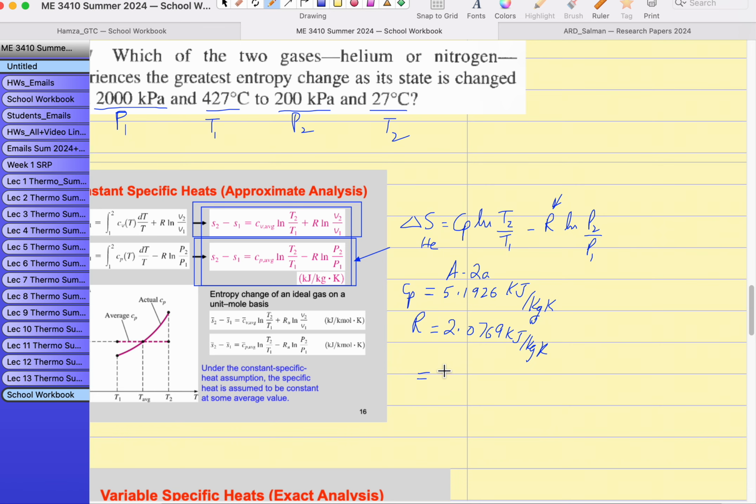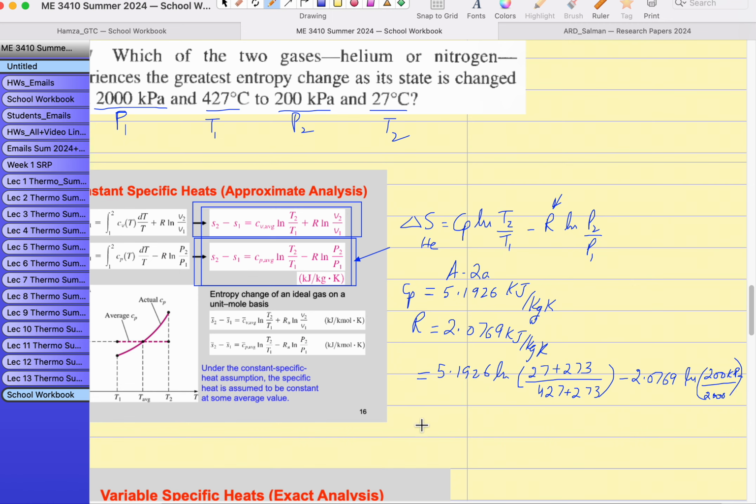So let me write this down. Cp, 5.1926, ln T2, which is 27, so make sure you convert it into the Kelvin scale, divided by T1, which is 427, so 273, and minus R, which is 2.0769, ln P2 over P1, so P2 is 200 kilopascal divided by 2000 kilopascals.